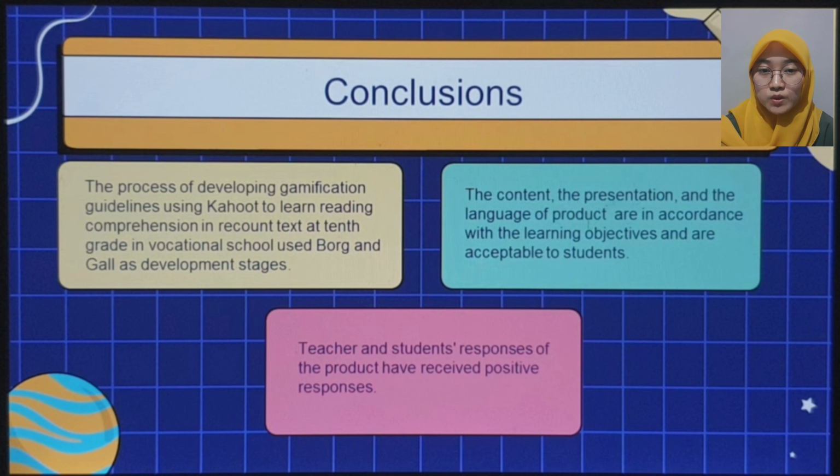After that, the product goes through the validation stage by 12 validation experts. After making revision in accordance with the direction, the product is continued in main field testing and operational field testing until it produces the final product.